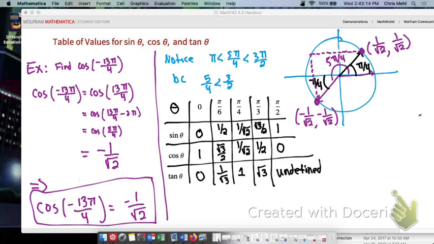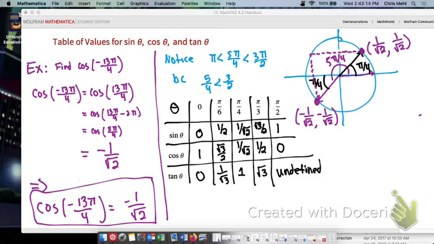I used the fact that cosine is an even function, so cosine of a negative angle is the same as cosine of the same angle without the sign. In the second step, I used the fact that sine and cosine have the same value for coterminal angles, so I subtracted 2 pi, and the result is equal to cosine of 5 pi over 4.